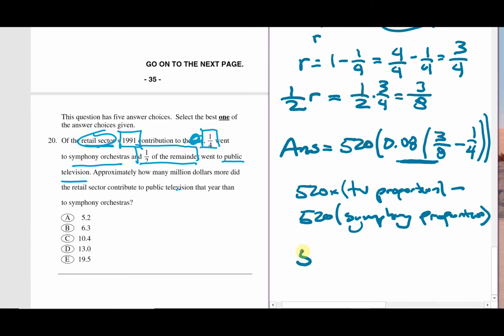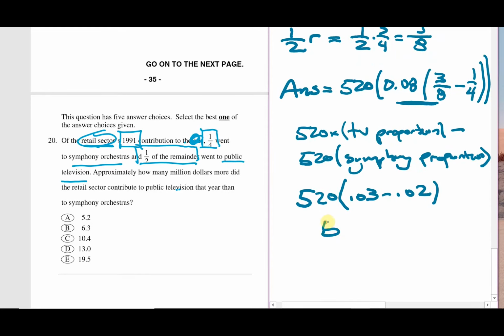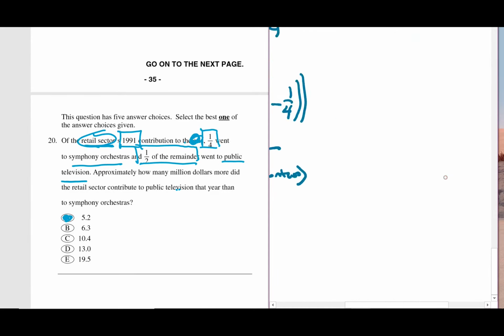And this equals 520 times 0.03 minus 0.02. And this gives us about 5.2. So there's that one. It's going to be A. So that's that for that problem.